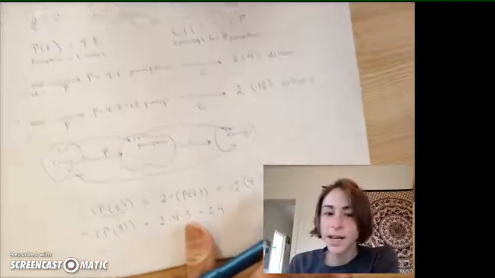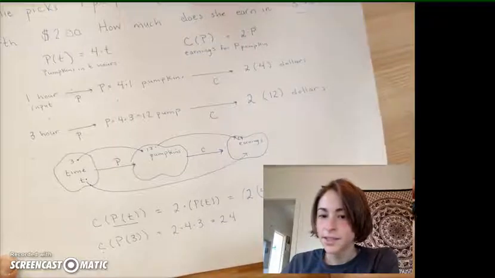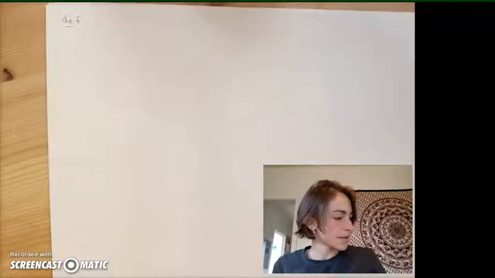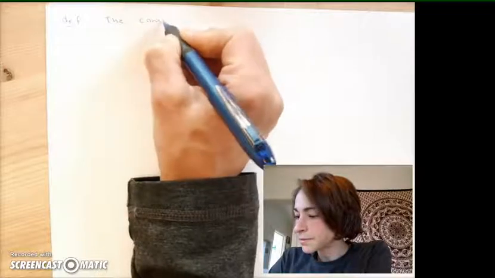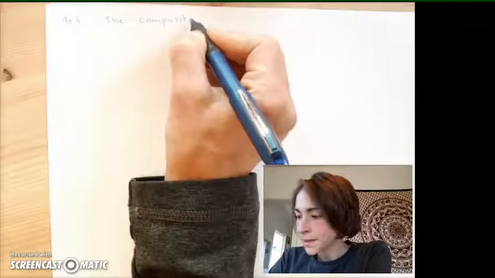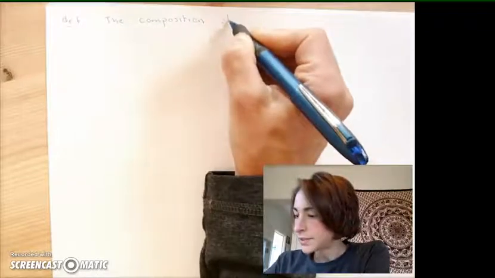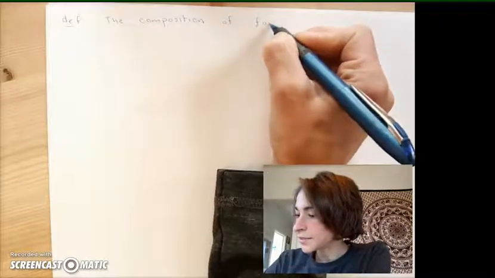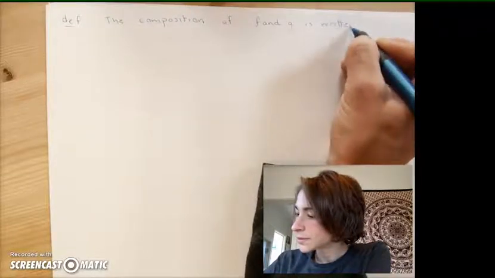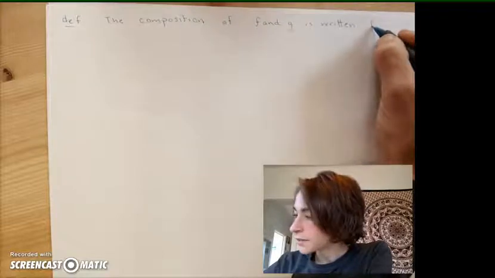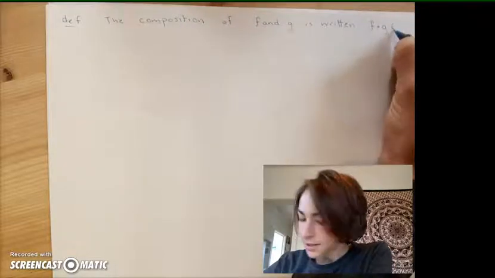This is the idea behind composition of functions. So let's write down the definition. The composition of f and g is written f little circle g of x.